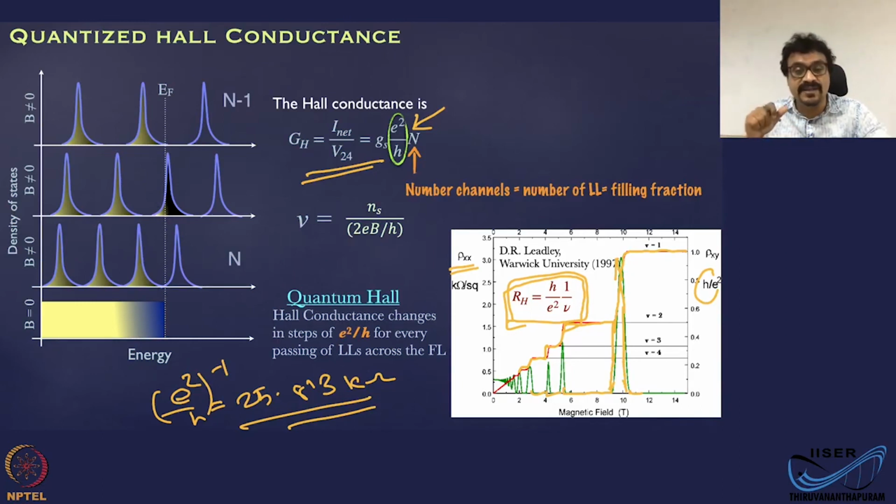Rxx has no field dependence. But in a two-dimensional system, Rxx depends on the field as much as the Rxy. So in a two-dimensional system, the Hall resistance is not really used for carrier concentration calculation; it's always the Rxx. But in a three-dimensional system, Rxx is kind of useless.